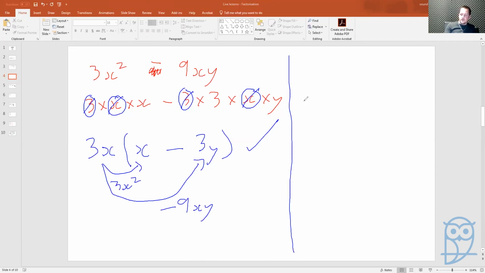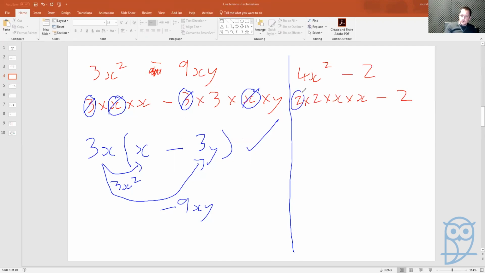The sneaky part, though, is when you take out the whole side, or should we say the whole term. So if I have something like 4x squared minus 2. I can break this up. So I get 2 times x times x minus 2. I look and I say, is there anything common?